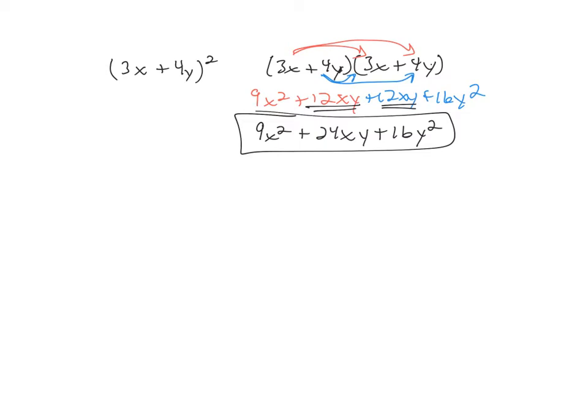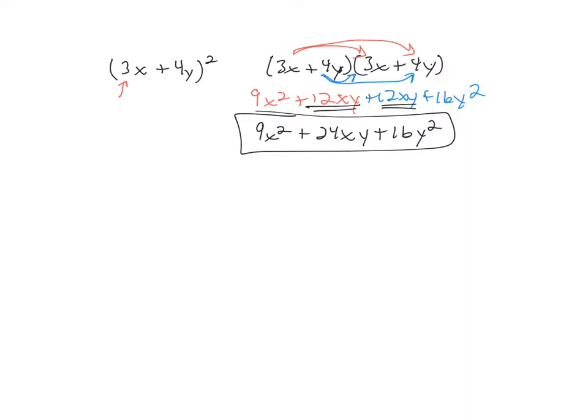Okay, so there's a couple problems that I think it says mental math. And it's kind of wanting you to see a pattern. I don't like the pattern because then you're just trying to memorize something, and I think that sometimes causes more problems than it does good. But like the pattern, if you look at this one, the 9 comes from 3 times 3, and then it's x squared.